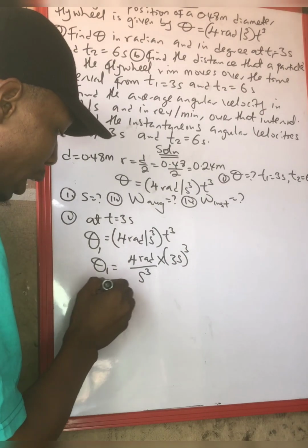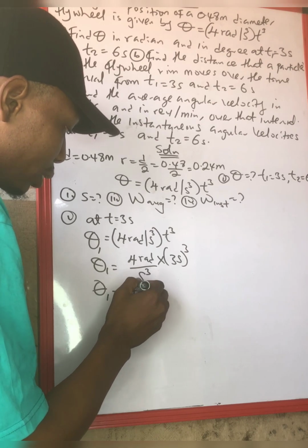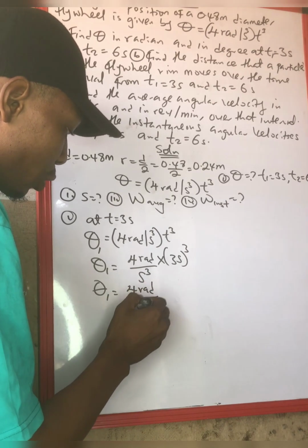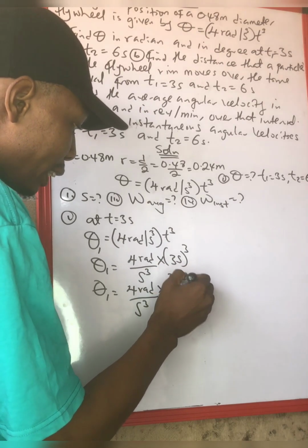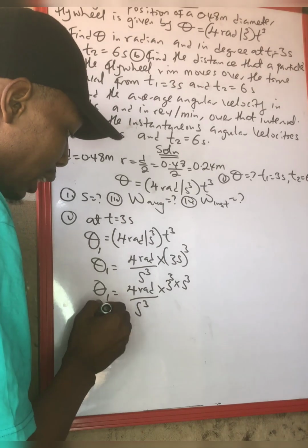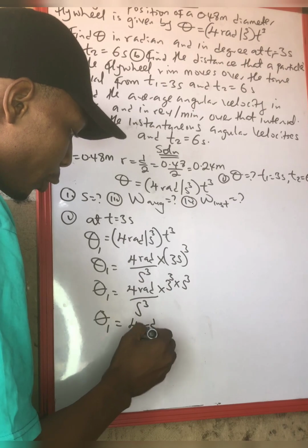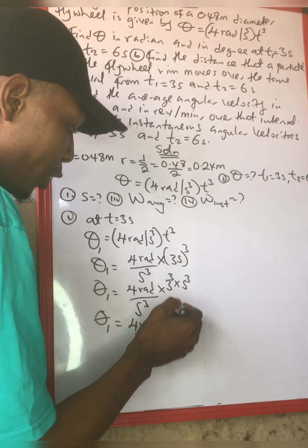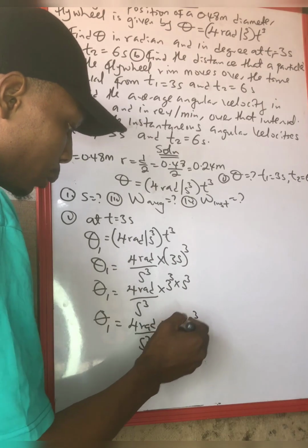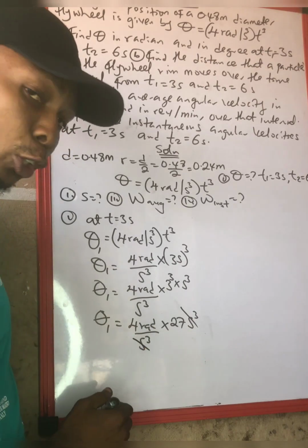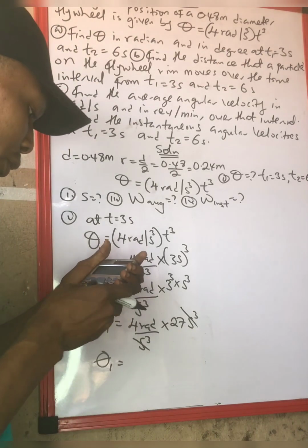So theta 1 is 4 rad over second cubed times 3 cubed, which is 27, times second cubed. Second cubed cancels out second cubed, so we're left with theta 1 equals 4 times 27.